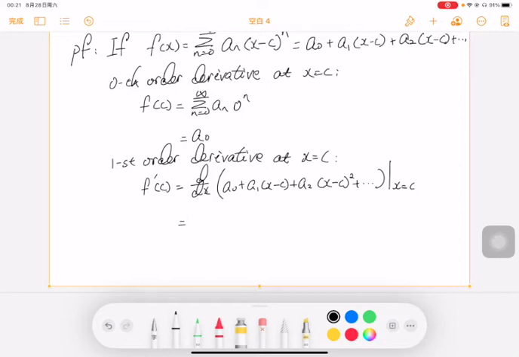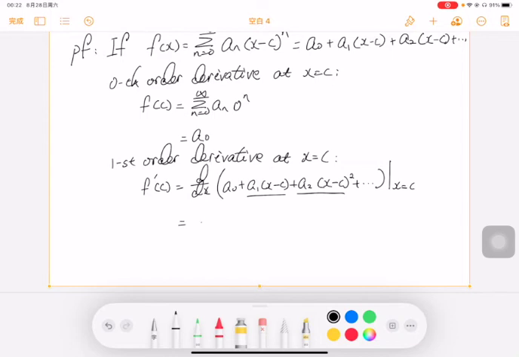Now, the zeroth order term is a constant. If you take the derivative of a constant, you get 0. And the derivative of the first order term is just a1, because the derivative of a1 times (x minus c) is a1. And the derivative of a2 times (x minus c) squared gives 2 times a2 times (x minus c).